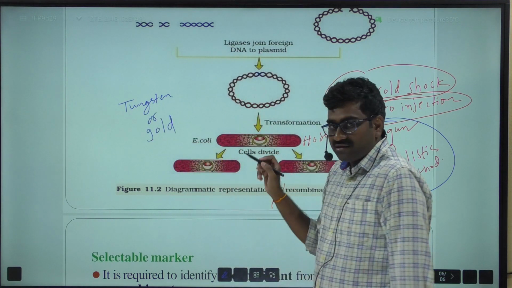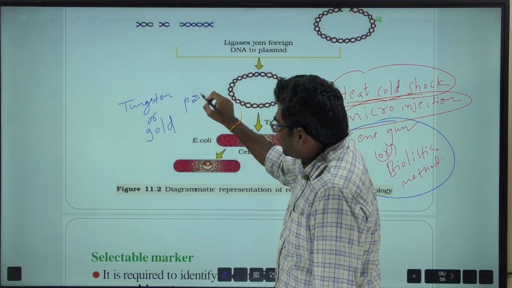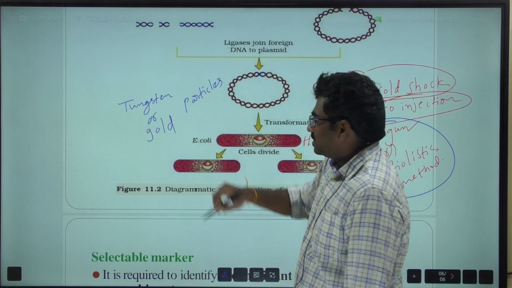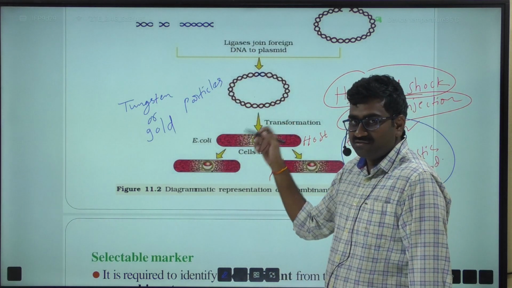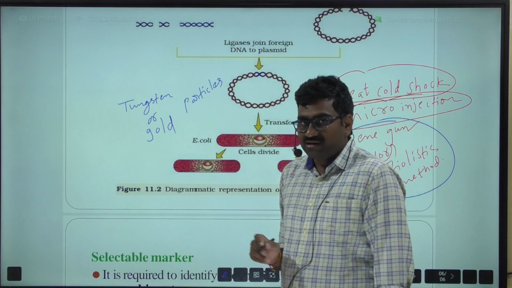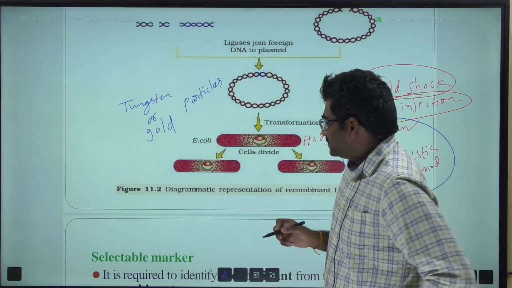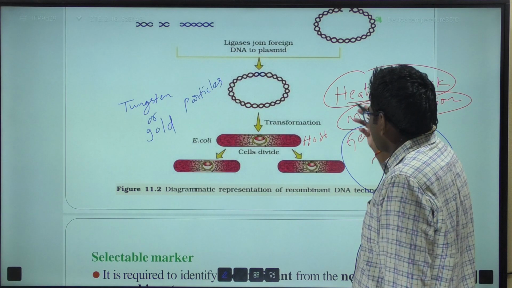The rDNA is coated onto the tungsten or gold particles, so that particle bombardment takes place into the host, and the rDNA is transformed into the host. It is a very expensive method. So these are some of the important methods.